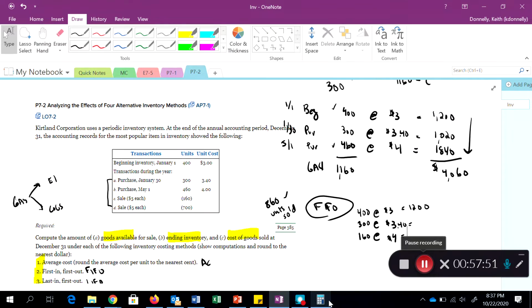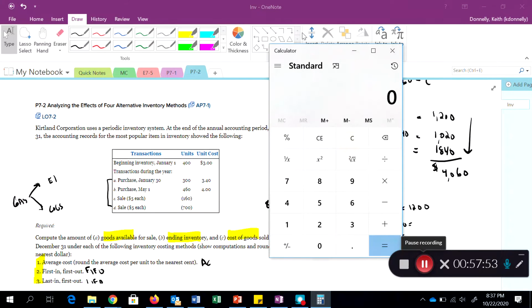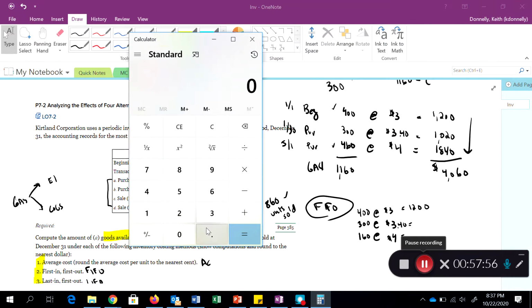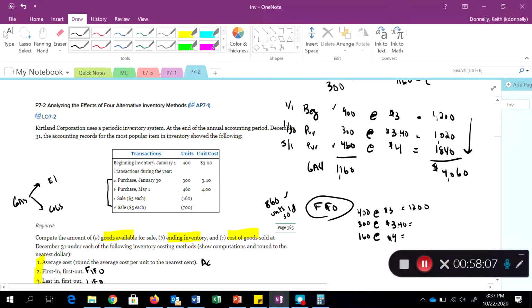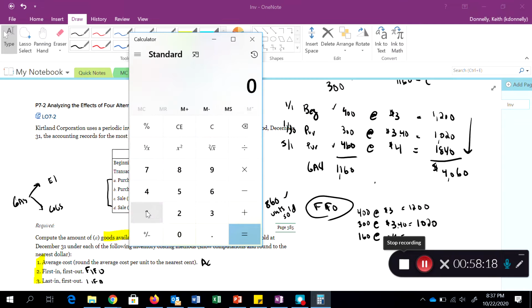So let's pull out the calculator. So we got 300 at 3.40. So that would be 1020. We got 160 at 4.